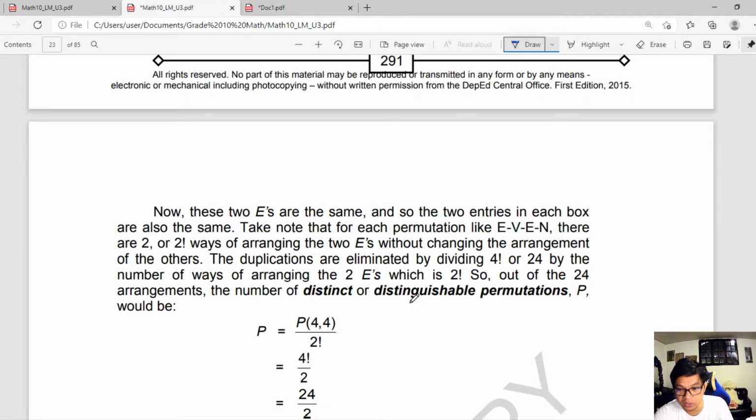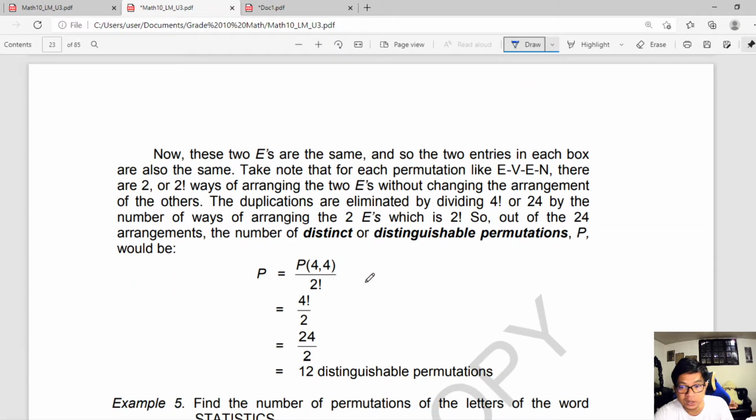which is 2 factorial. So, out of the 24 arrangements, the number of distinct or distinguishable permutations P would be the permutation of 4 taking 4 at a time, or the permutations of the whole letters, ito, lahat ng letters, divided by yung dalawang E. Kunin natin yung permutation ng dalawang E. So, that is 2 factorial.